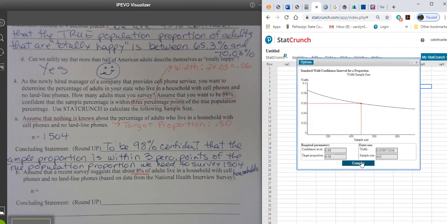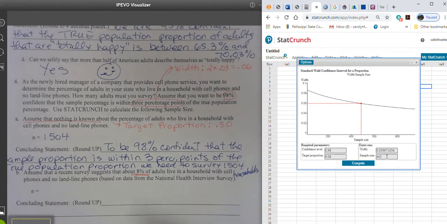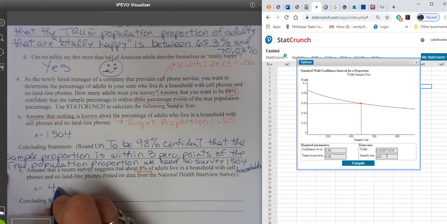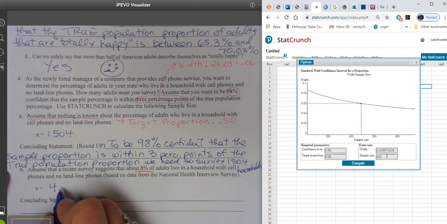And hit compute. So there we go. We need to sample 443 households if we want to be 98% confident, given that prior study suggesting that 8% of adults live in a house with a cell phone and no landline. So 443.